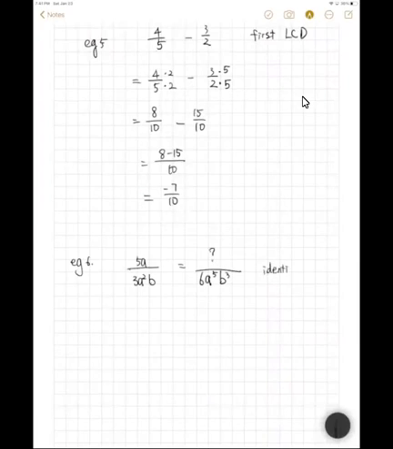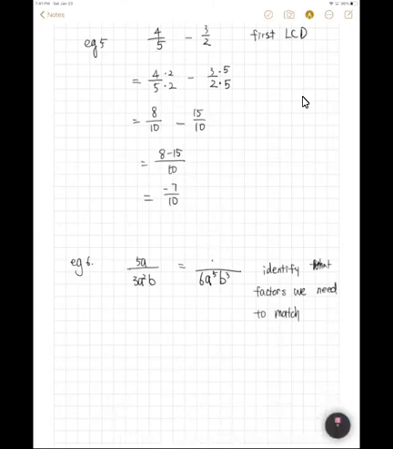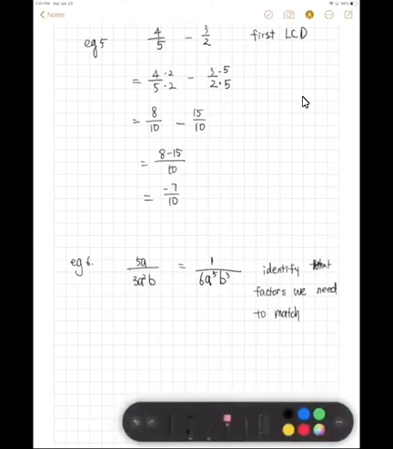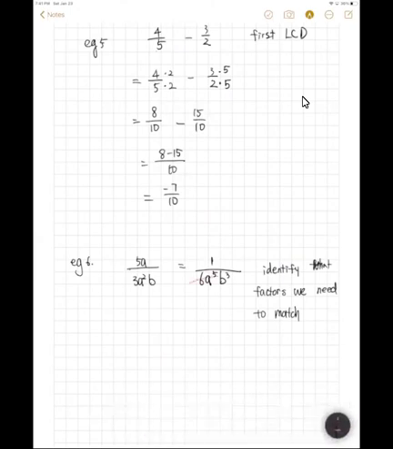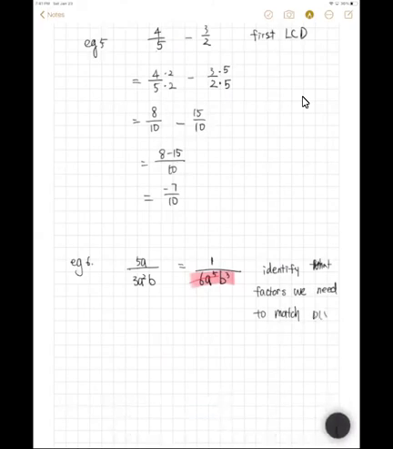So I want you to identify the factor that we need to match our new denominator.